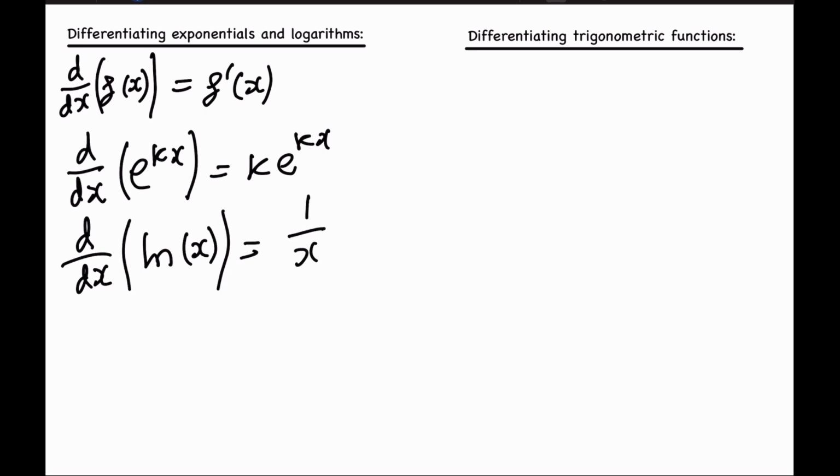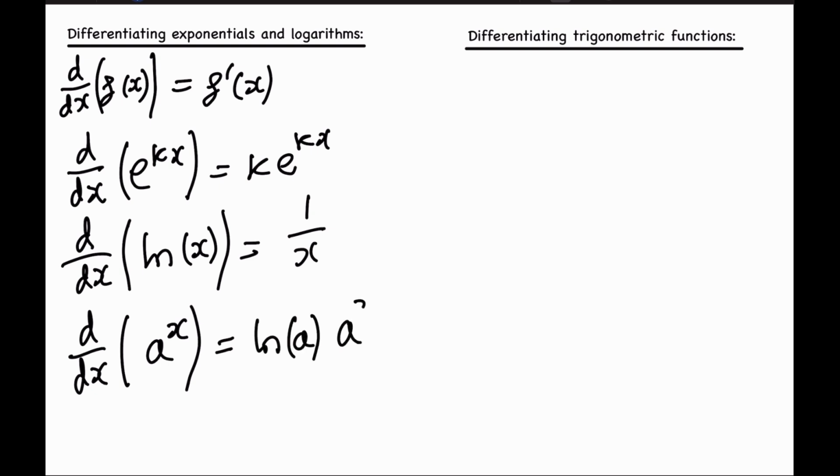And now, if we differentiate an exponential that isn't e, which is the natural exponential, if we have a different one, say any constant a to the power of x, d over dx of a to the x is equal to ln, the natural logarithm of a, multiplied by a to the x.